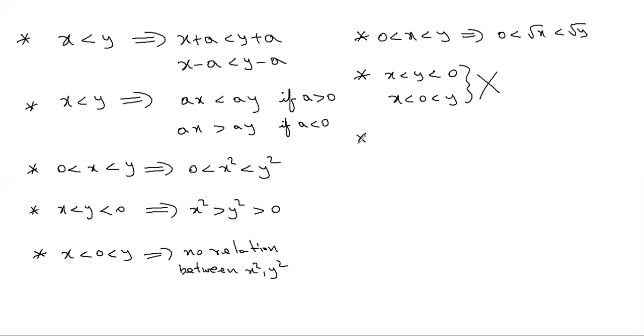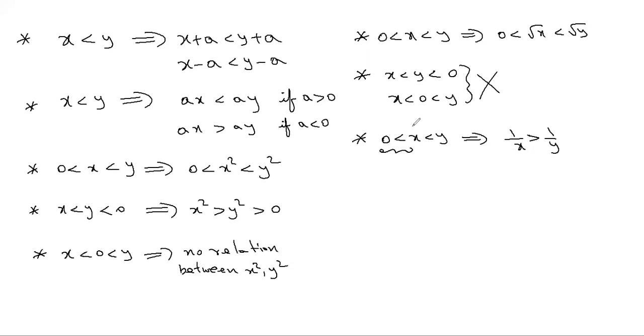And apart from this, taking the reciprocals is also there. If both the numbers are positive, you can take the reciprocals, and the inequality will be reversed. And here the inequality won't reverse. Between these two, the inequality won't reverse.